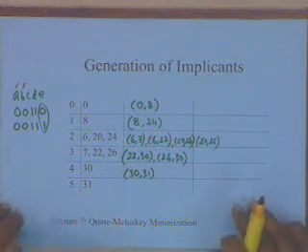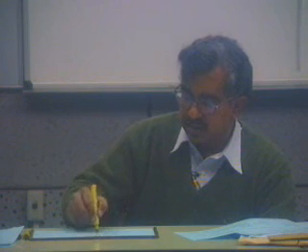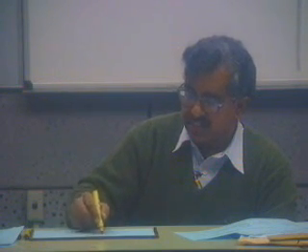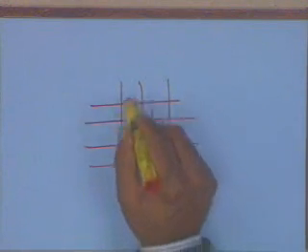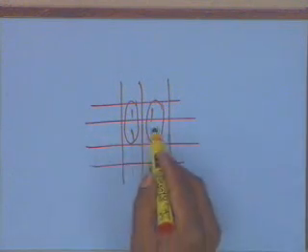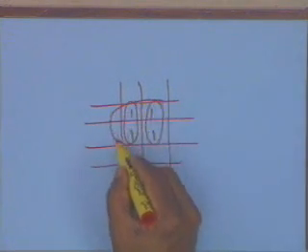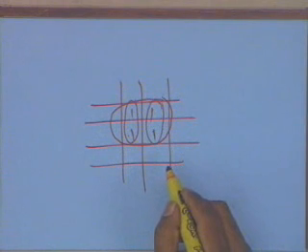So let me draw the Karnaugh map equivalent. What I have done is I have managed to do this, and I have managed to do this. Now if these two have to be combined, what I am looking for is this combination.